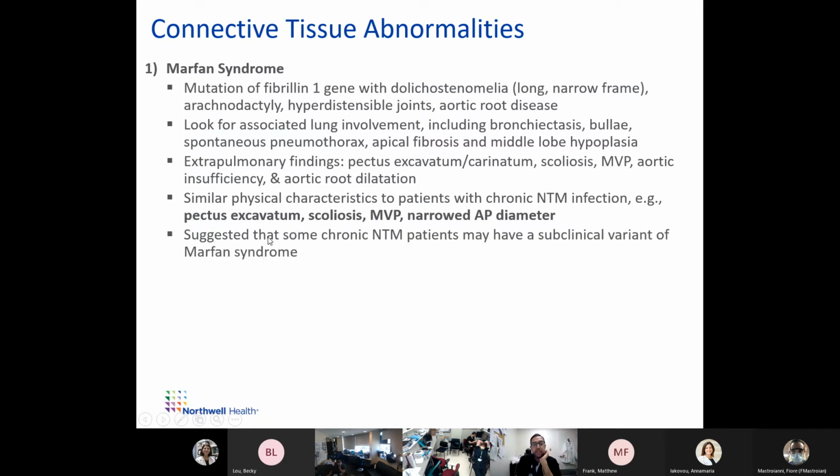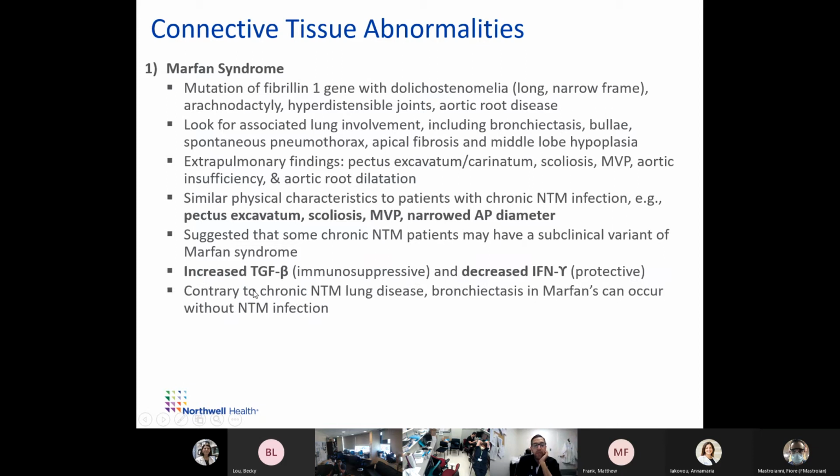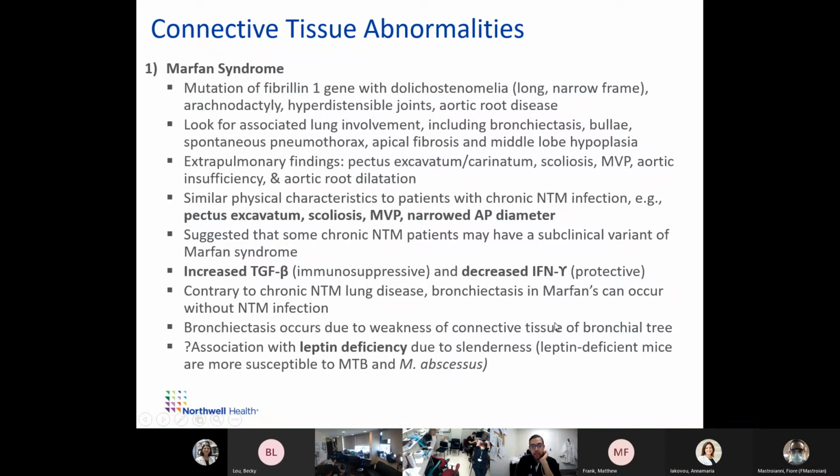And it's suggested that some chronic non-tuberculous mycobacterial patients may have a subclinical variant of Marfan's, leading to bronchiectasis. And the bronchiectasis here occurs because of weakness of the connective tissue of the bronchial tree.